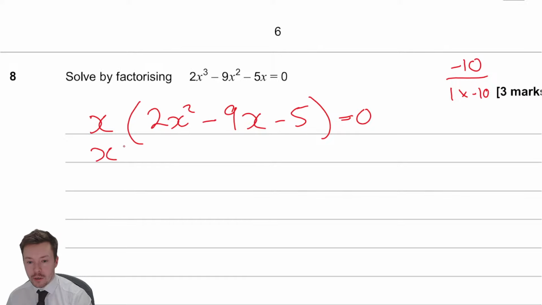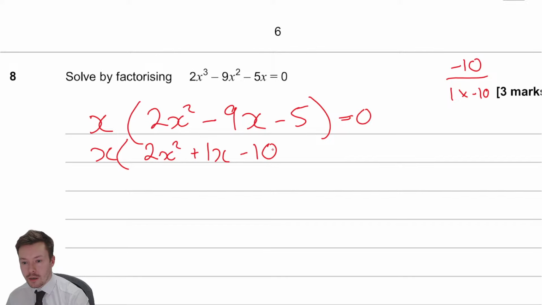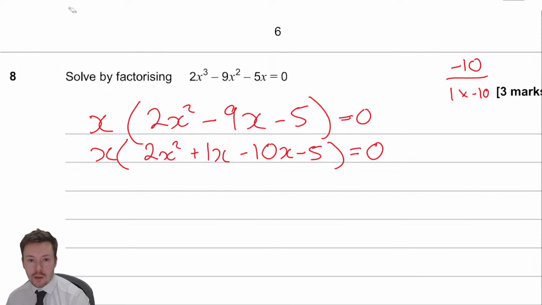So we're going to get x, 2x squared, plus 1x, minus 10x minus 5 is equal to 0. I'm going to rewrite that x because it's not the best writing of the letter x. Now what we're going to do is factorise the 2x squared and the 1x, so that would just be x outside.